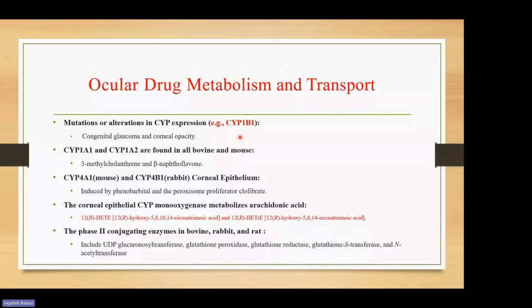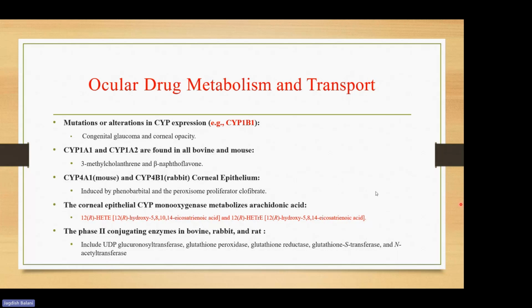Then metabolism. Metabolism and excretion of xenobiotics occur in all compartments of the eye, and the well-known phase 1 and phase 2 enzymes are there, which you may have studied in other chapters also. Here there are many CYP enzymes available, like aldehyde oxidase, ketone reductase, cyclooxygenase, monooxygenase.